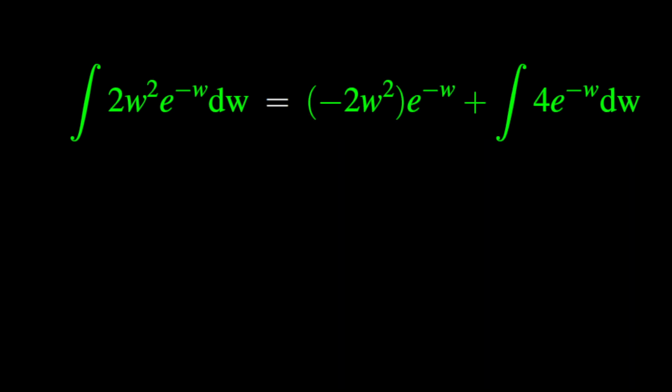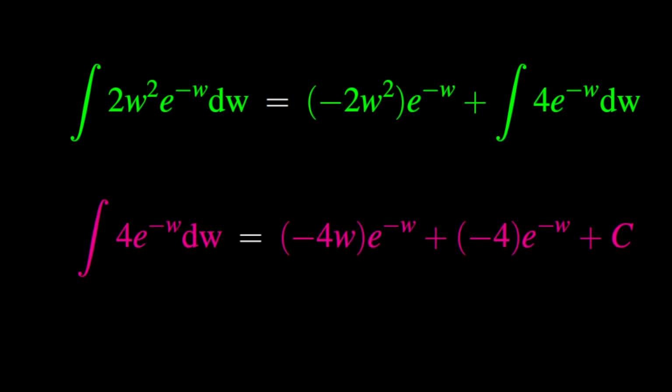Now we have to aggregate the results of these repeated applications of the integration by parts to get the final value of the antiderivative of 2w square times exponential of minus w. The first integration by parts gave the following result. So, the integral of 2w square times exponential of minus w dw is equal to minus 2w square times exponential of minus w, plus the integral of 4w times exponential of minus w dw.